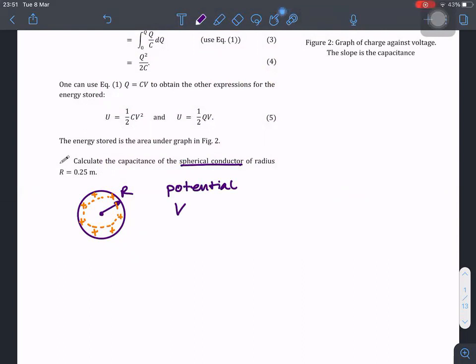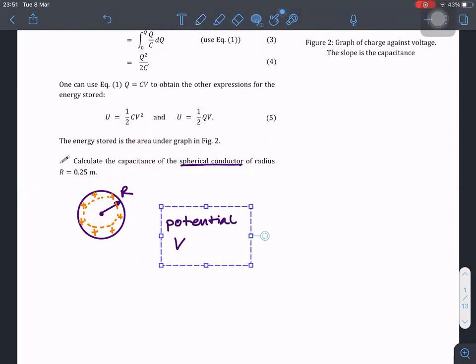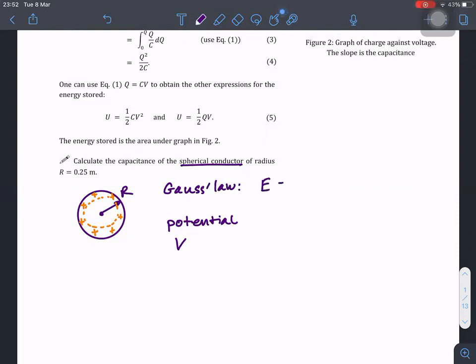If I start from Gauss's law, we can find that E, the electric field at the surface, would be equal to Q over 4 pi epsilon 0 r squared.